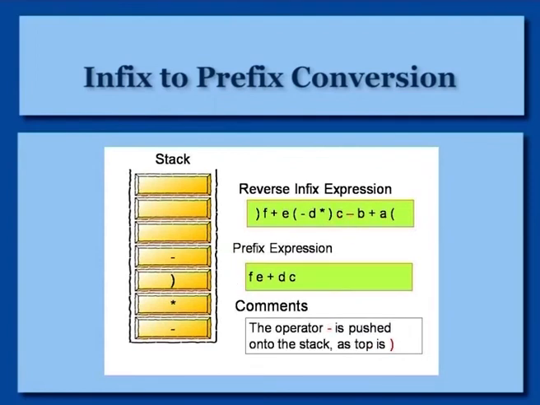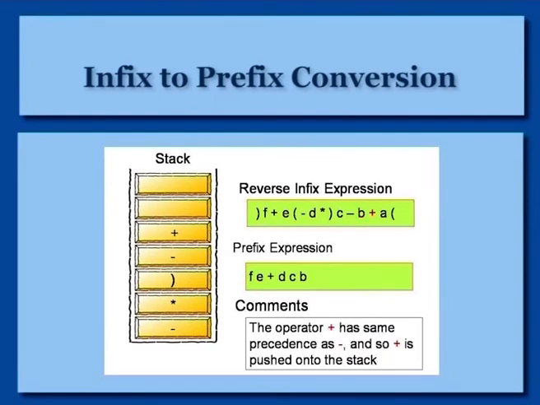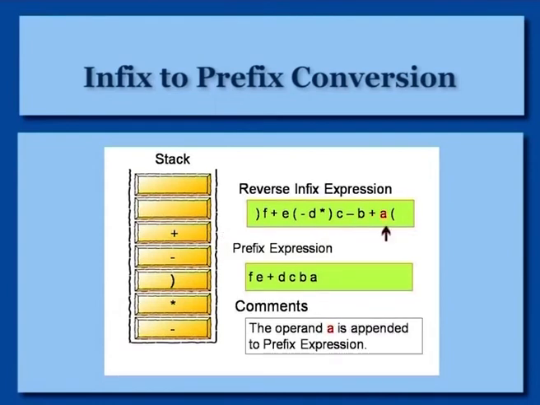The next character is the subtraction operator and it is pushed onto the stack as the top element of the stack is a closing bracket. The next character, operand B, is appended to the prefix string. The next character is the addition operator and it has the same precedence as the subtraction operator, which is on the top of the stack, and so the addition operator is pushed onto the stack. The next character is operand A and it is appended to the prefix string.